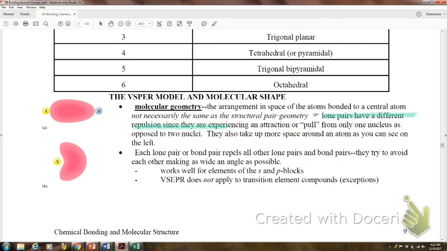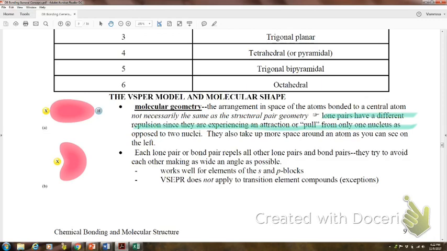They have different repulsions since they are experiencing a pull from only one nucleus as opposed to two nuclei. When something is bonded, those electrons are attracted to both nuclei, but the lone pairs are only feeling it for that one particular atom. So each lone pair repels, and they try to avoid each other.